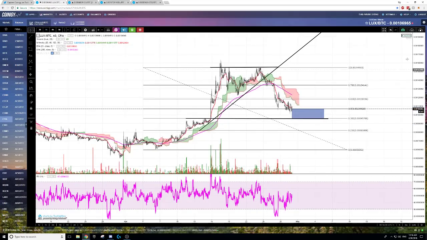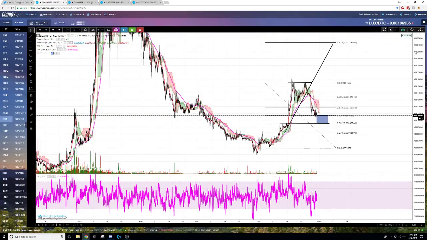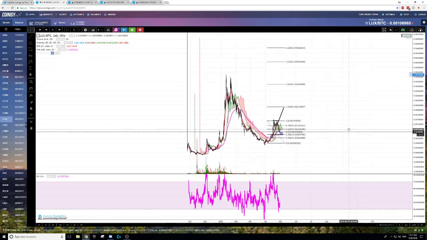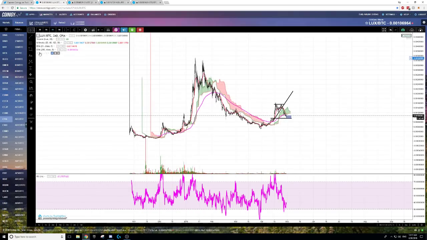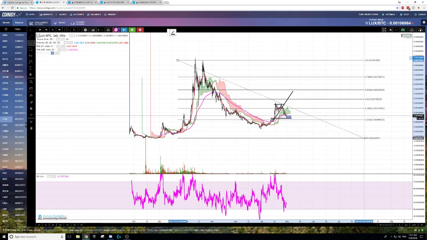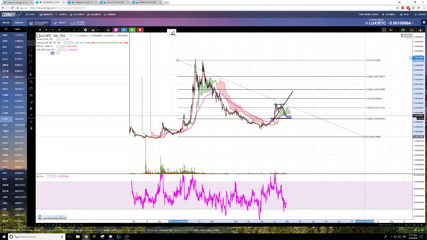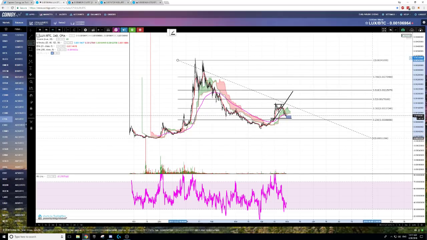If you're looking for targets where it might go in the future, this has quite the high highs way up here. So if you were to draw a longer-term Fibonacci retracement, see what fits. You always have to be generous with your fib retracements.